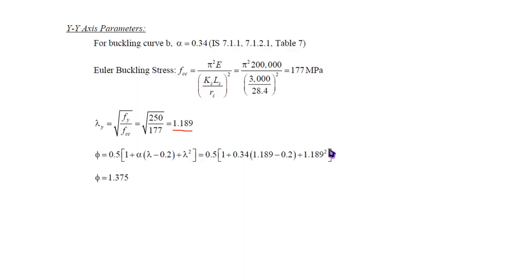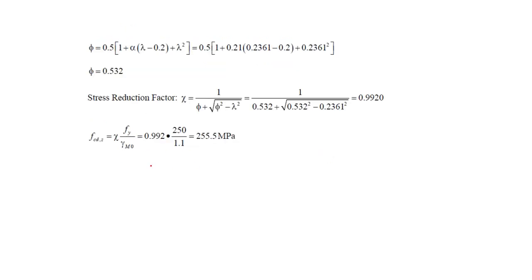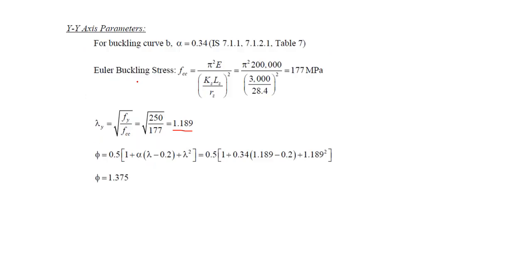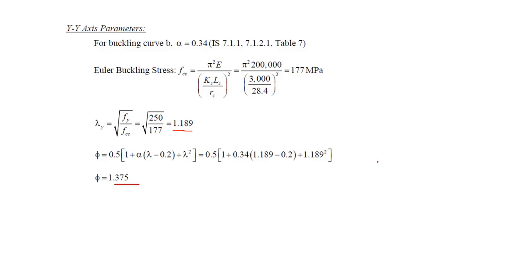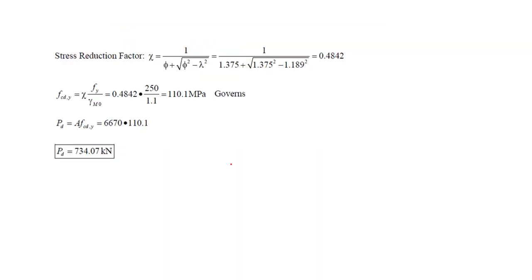Phi is 0.532. For the other axis, phi is 1.375. Alright, force is 225 and 110, so there is a slight variation in that.